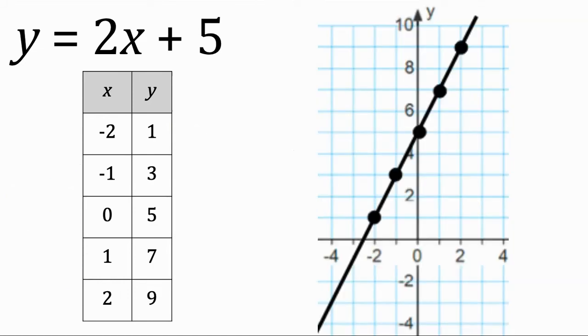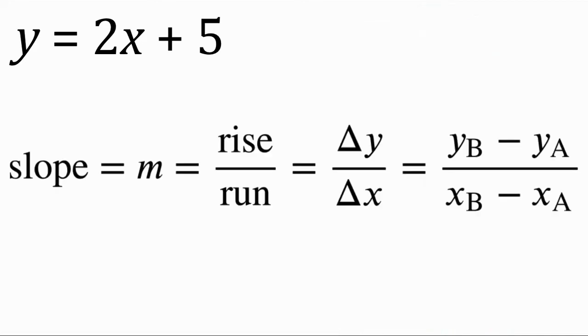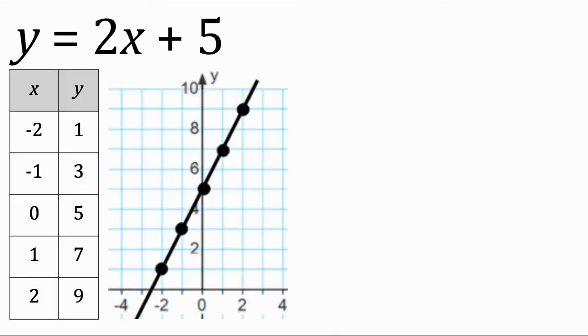Had we been looking at the graph, we could also count the change in x and y values. Between each of these points, we've gone 2 up and 1 across. We can also choose to use a formula for slope. This requires you to label 2 points' coordinates. Any 2 points along a line will work.